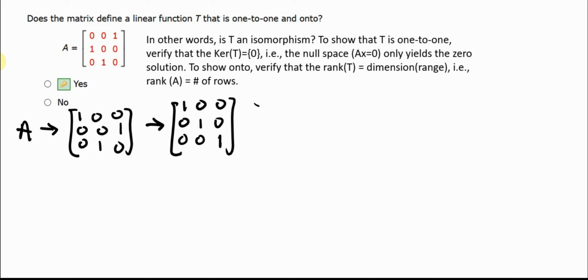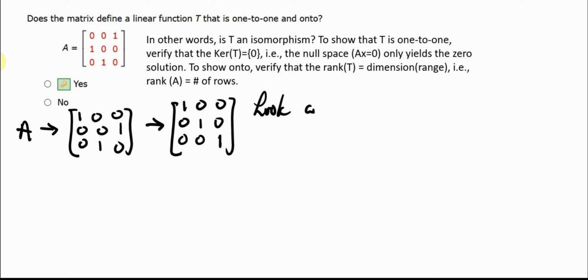I think right there you get it, and you can stop. This is already reduced into the identity matrix. That's the perfect form, which says this is a 3 by 3, which says the rank is equal to 3, the nullity is 0. Right? And so if you have that, then you have one to one and onto all together.